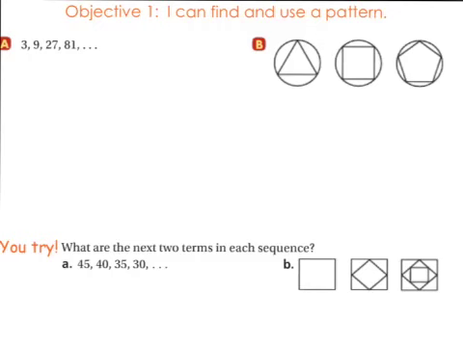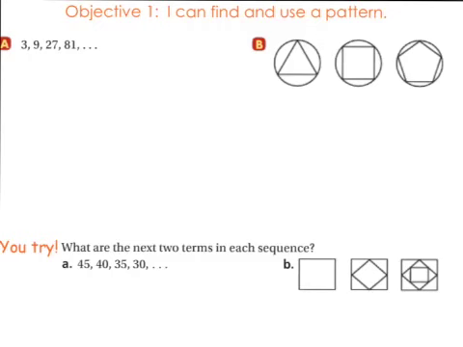Alright, so Objective 1 is to find and use a pattern. When you look for a pattern in a sequence, you want to look for a relationship between the terms, and you want to test that that relationship is consistent throughout the entire sequence. In our sequence, we go from 3 to 9, 9 to 27, and 27 to 81.